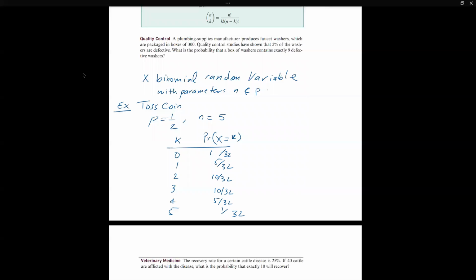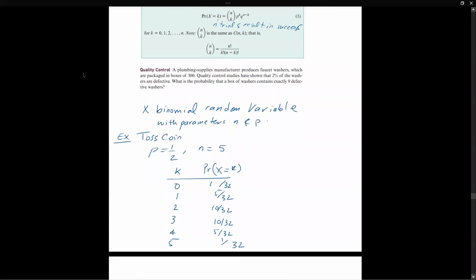So if we use this formula here, which is called equation 1, as you see, n is 5, and k is just k, because it takes 0, 1, and so on.